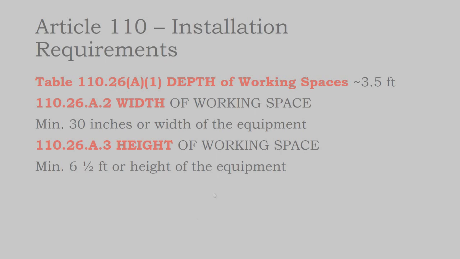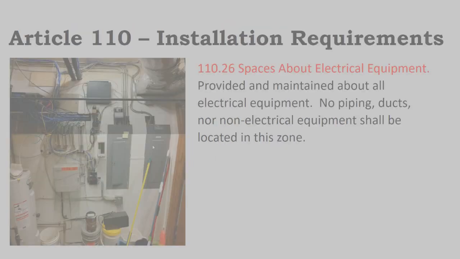And then the height of the working space. So it's 6.5 feet, or the height of the equipment. So obviously, if the equipment is 8 foot tall, it needs 8 foot clearance. But if it's only 3 foot tall, like this electric service panel, the working space is 6.5 feet. And so the question is, well, is that air conditioning duct a code violation or not?